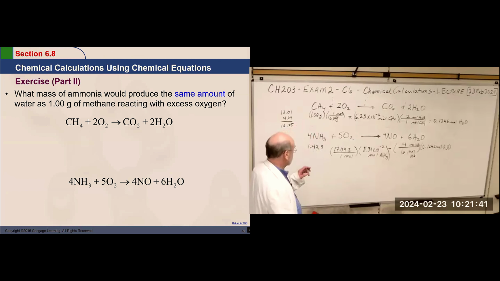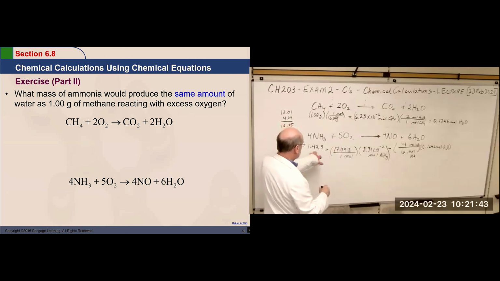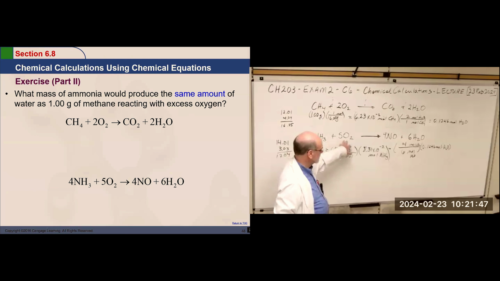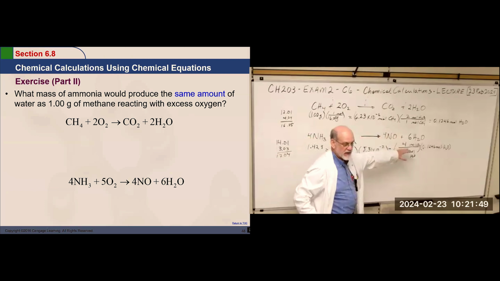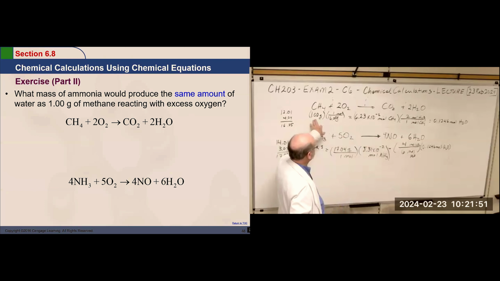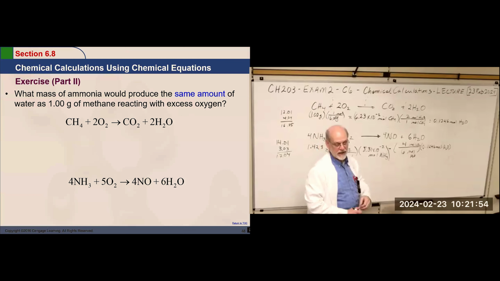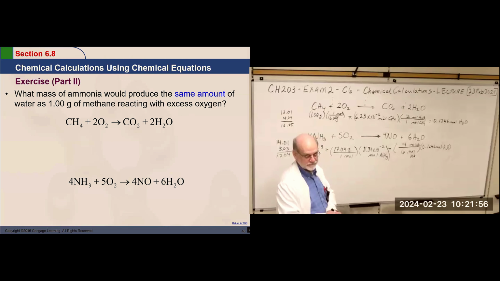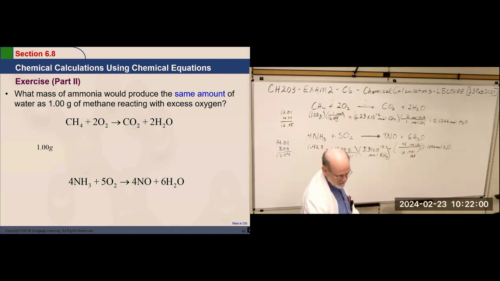So what we're saying is 1.42 grams of ammonia burned in oxygen will give you exactly the same amount of water as 1 gram of methane burned in air, in oxygen. All right.